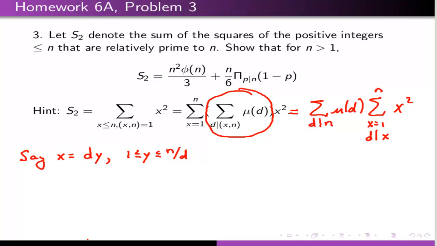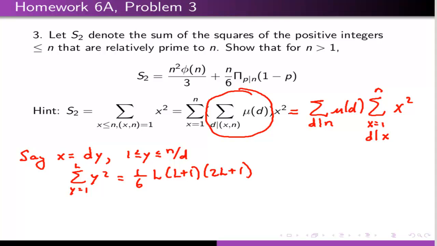And now you're going to need this formula here, the sum of y equaling 1 up to some value, let's say capital L for instance. And that formula you should have encountered at some point: 1/6 L, L plus 1, 2L plus 1.